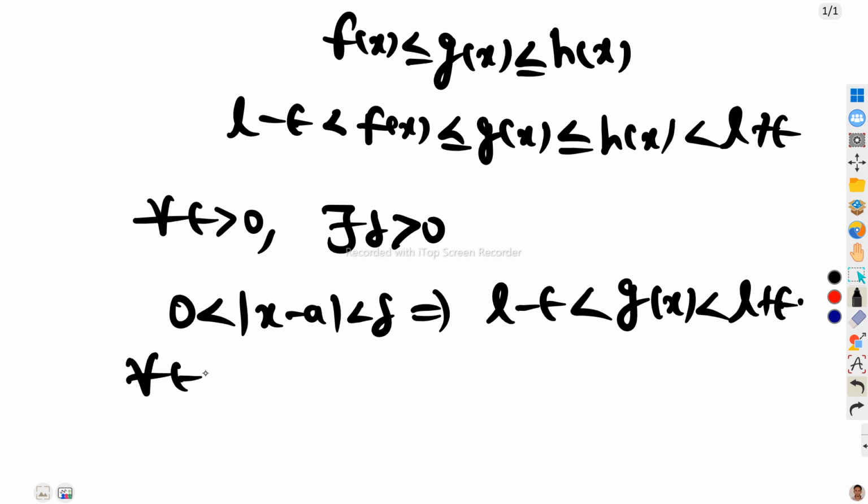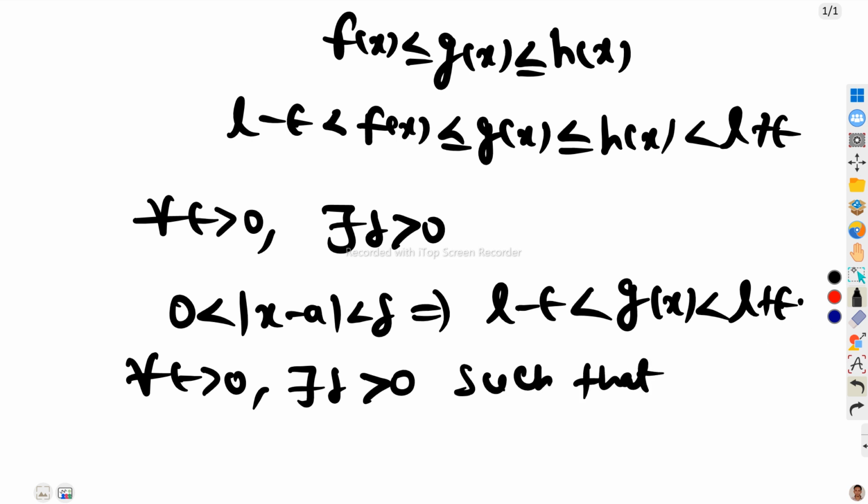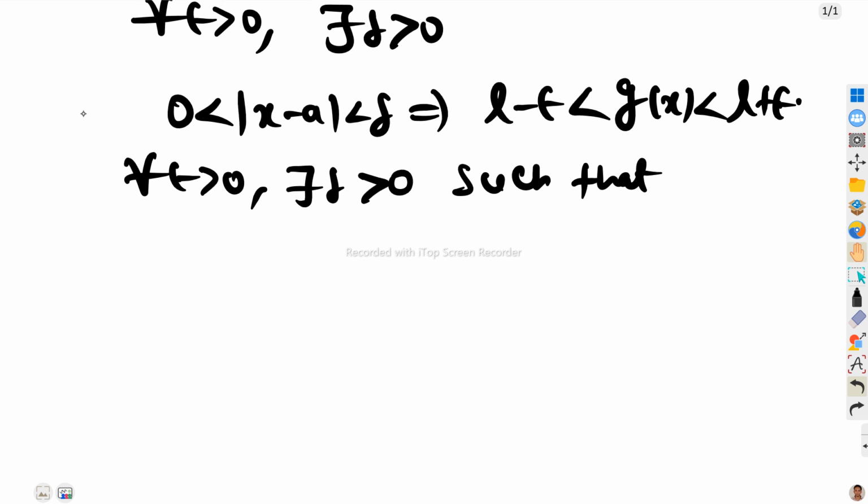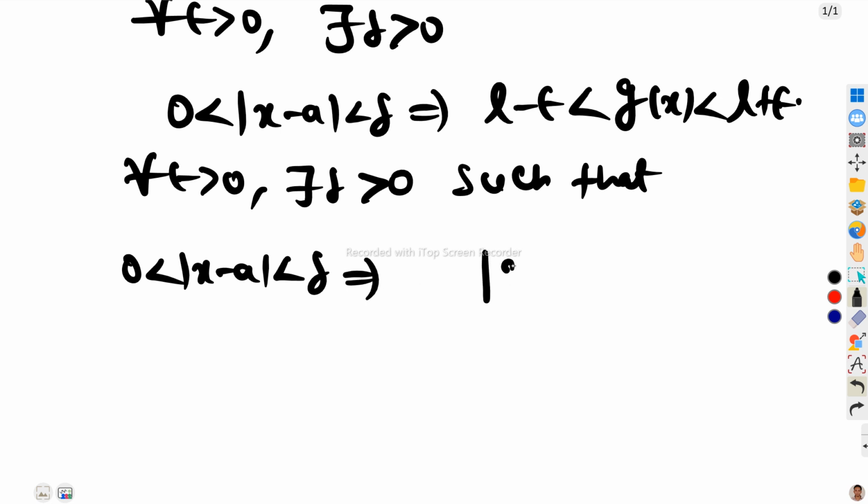So for every epsilon greater than 0, there exists delta greater than 0 such that 0 is less than mod of x minus a less than delta implies mod of g(x) minus L is less than epsilon.